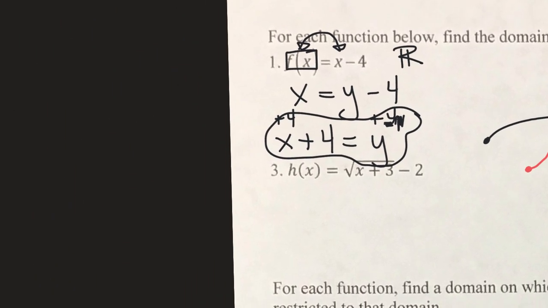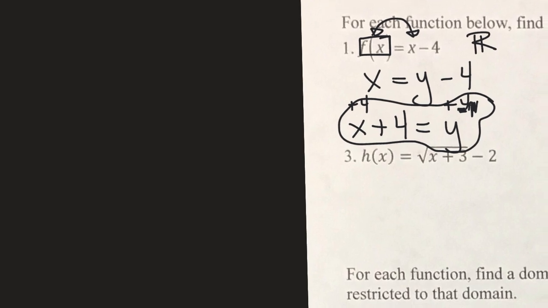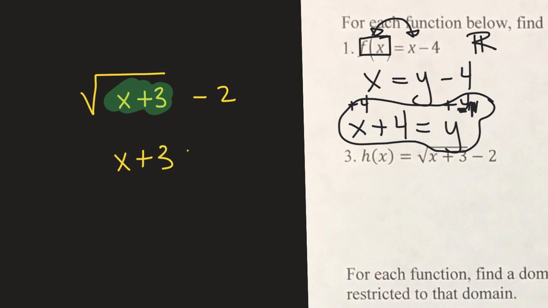Okay, so first, let's practice finding the domain here for number 3. For the domain, we know that you cannot take the square root of a negative. At least I hope you know that. So you take whatever is underneath your radical, the x plus 3, and you make that so that it can't be negative, right? Bigger than or equal to 0. This is how we find the domain of your square root.